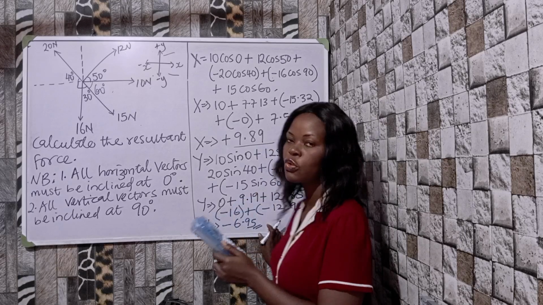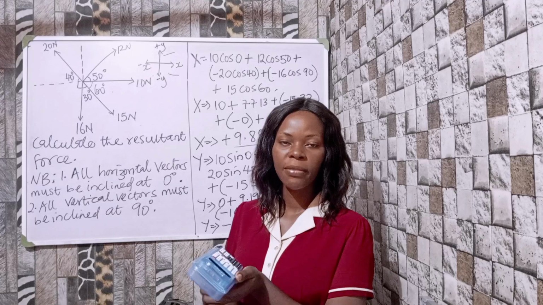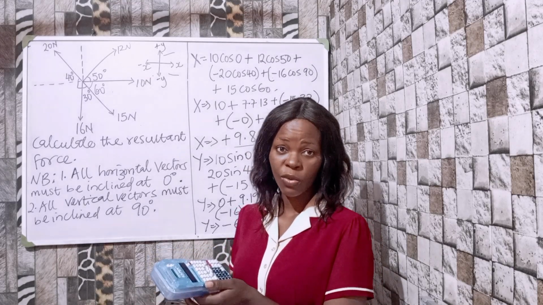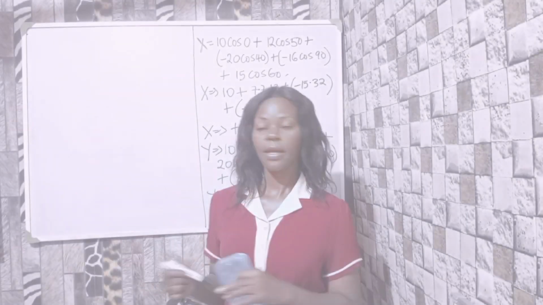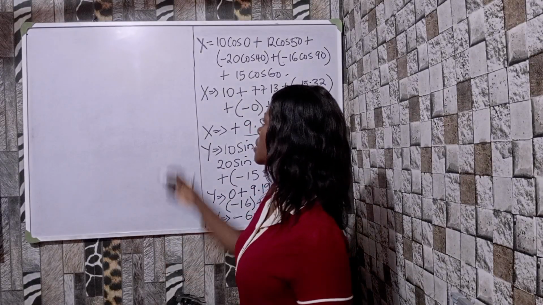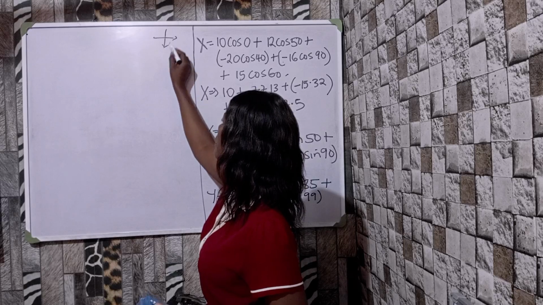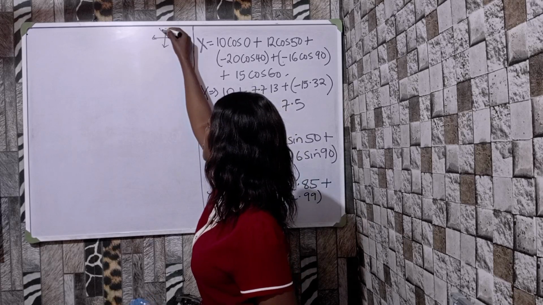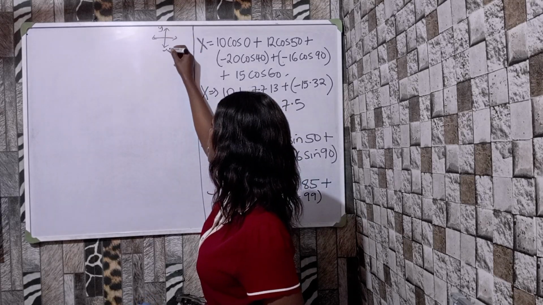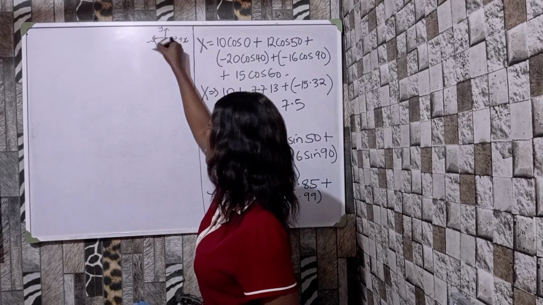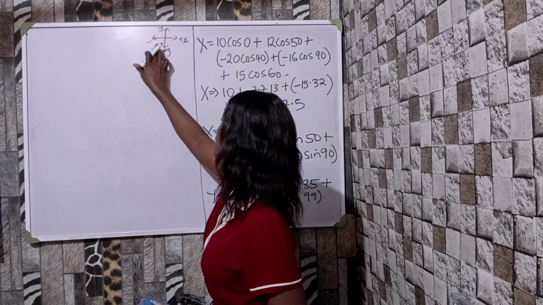The next thing we are going to do now is to resolve them using a right angle vector, or vector in class as right angle. So let us look at the resultant. If you consider this, we have the positive y and negative y, positive x and negative x.